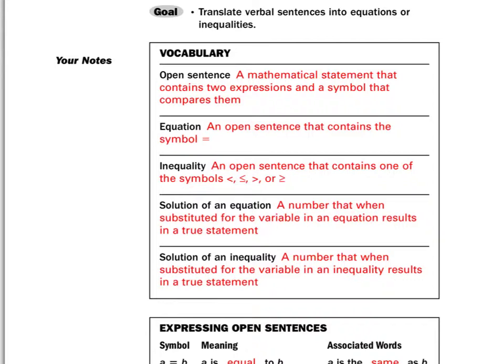There are four types of inequality symbols that we will learn. An inequality is an open sentence that contains one of those symbols. Less than or equal to, greater than or equal to. And I am going to add to the side what each one of these means. This is the less than symbol.